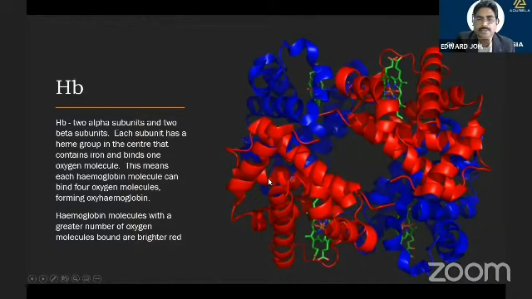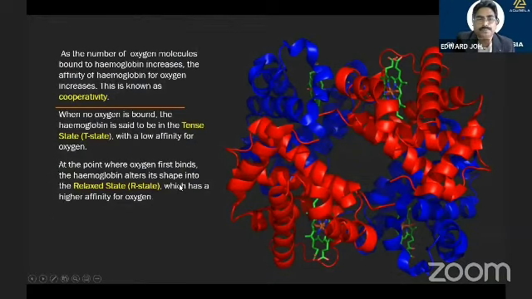That's why arterial blood is red and the deoxygenated blood in the vein is blue. Remember, as the number of oxygen molecules bound to hemoglobin increases, the affinity of the hemoglobin for oxygen increases. When an oxygen molecule attaches to the hemoglobin, it increases the affinity for further attachment of oxygen. That is called cooperativity.